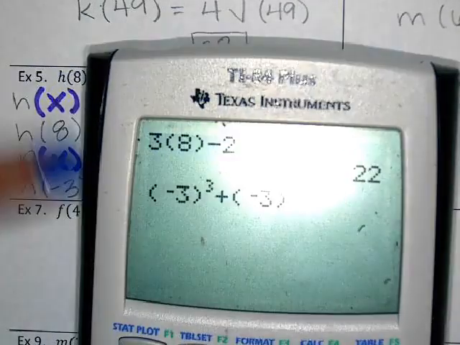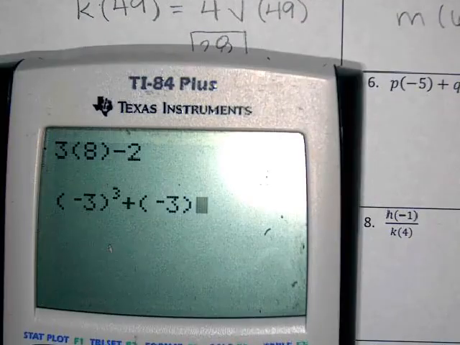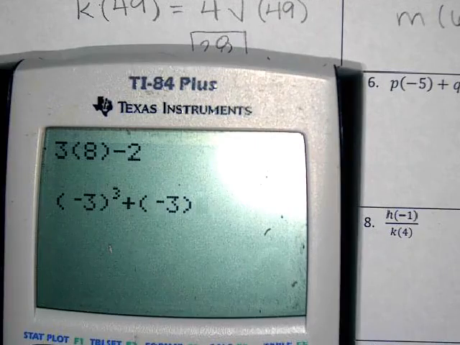What does that give me? -30. Anyone else get -30?